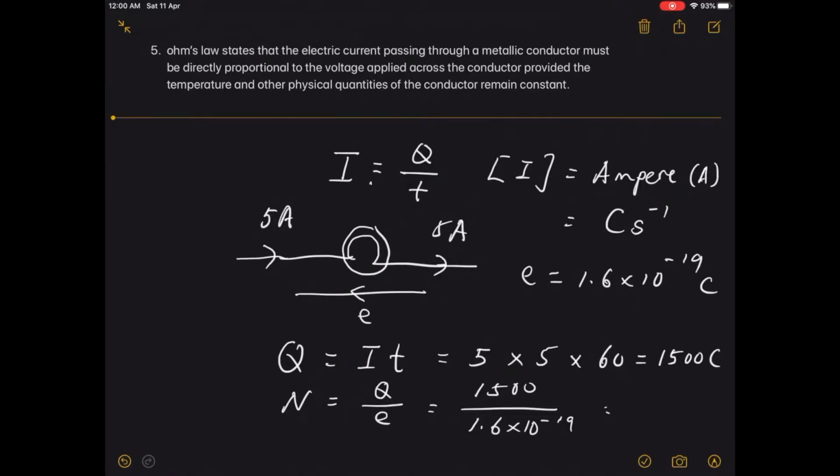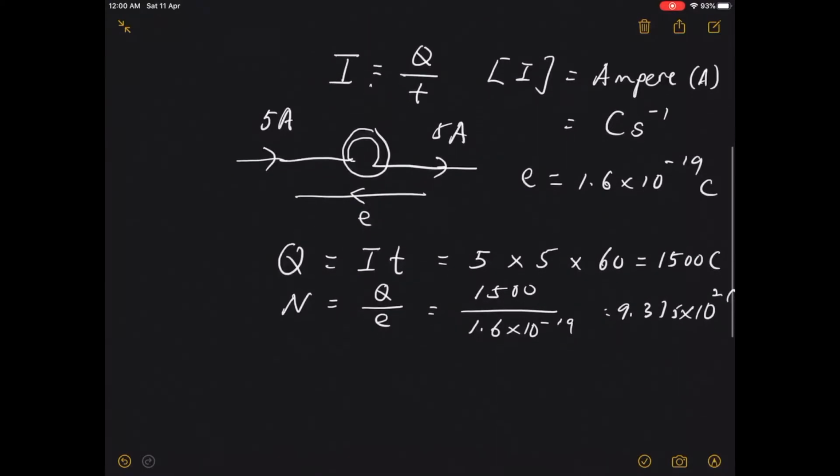Oh, they give you 9.375 times 10 to the power of 21. The number is huge, okay?